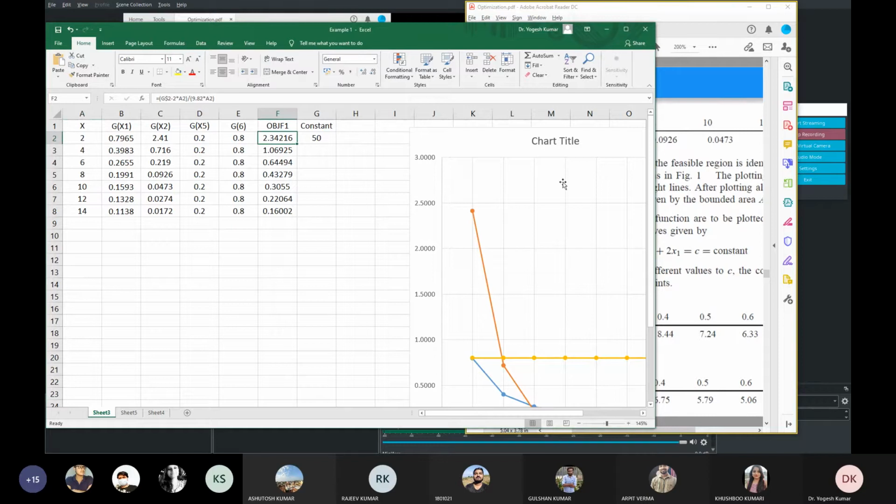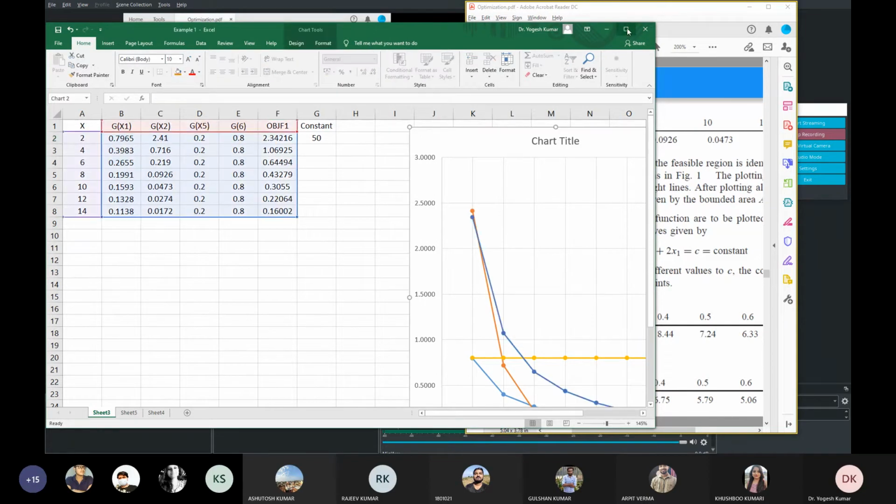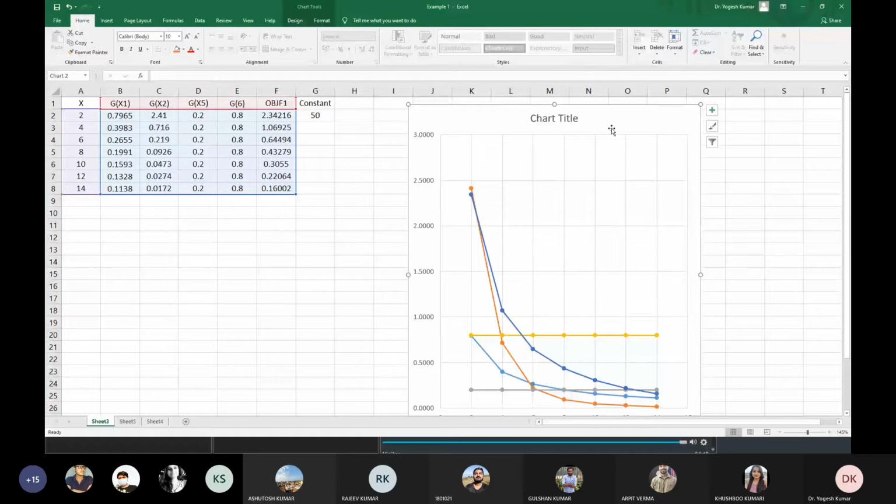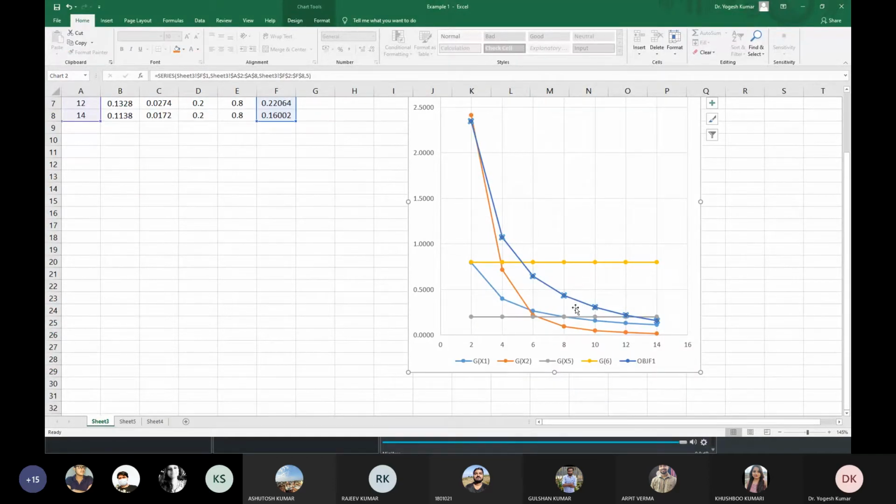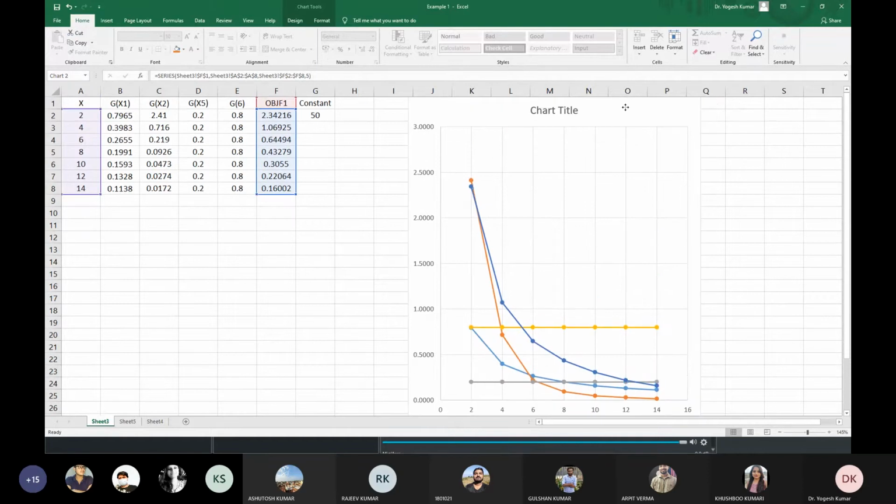So we can draw this objective function here corresponding to your value 50. So here you are able to see another graph has come, which is corresponding to your objective function constant c equal to 50. I think you are able to see this dark blue line.